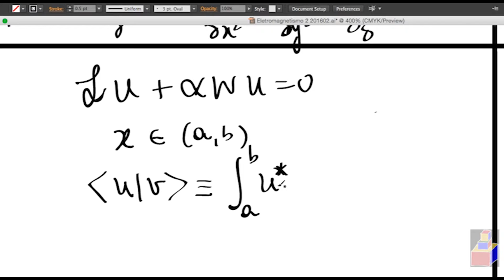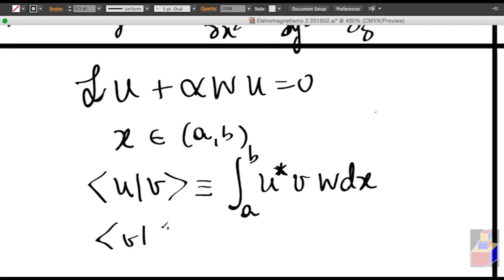The differential equation might be real, but the solution might be complex. You might, for instance, combine solutions to make complex functions or to make real functions. You can always do that. U, V times the weight function of x. That's the definition of the dot product.